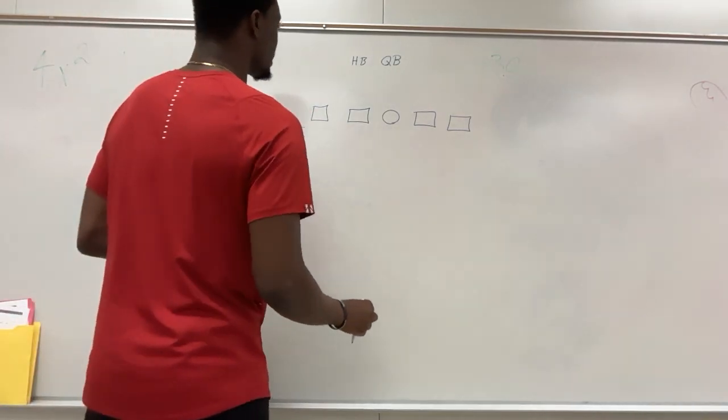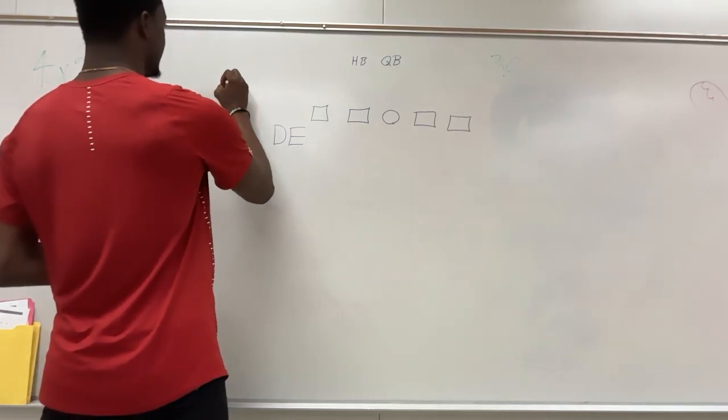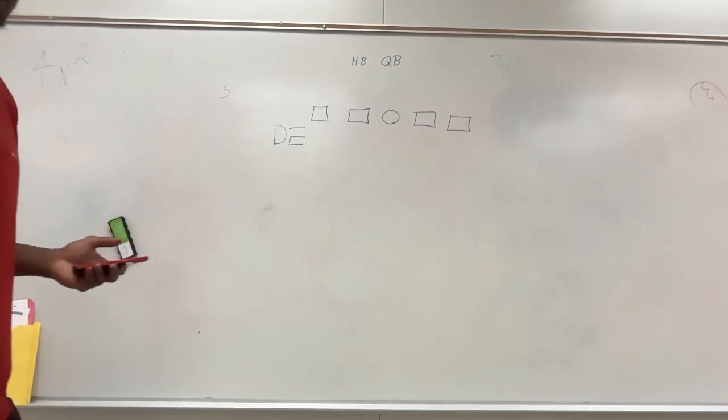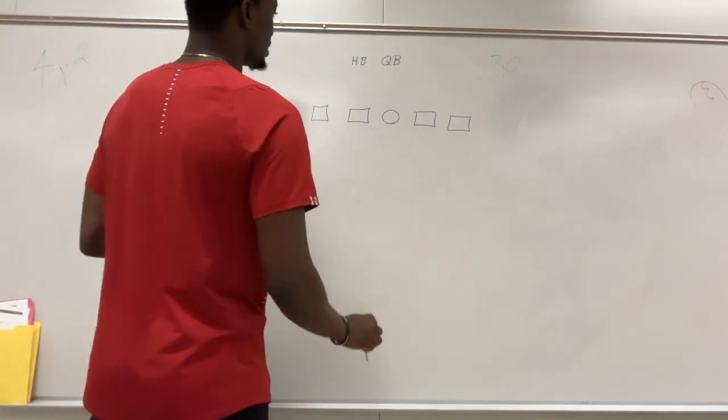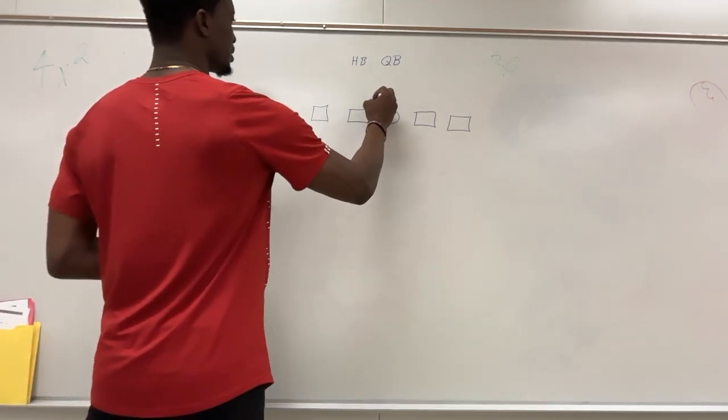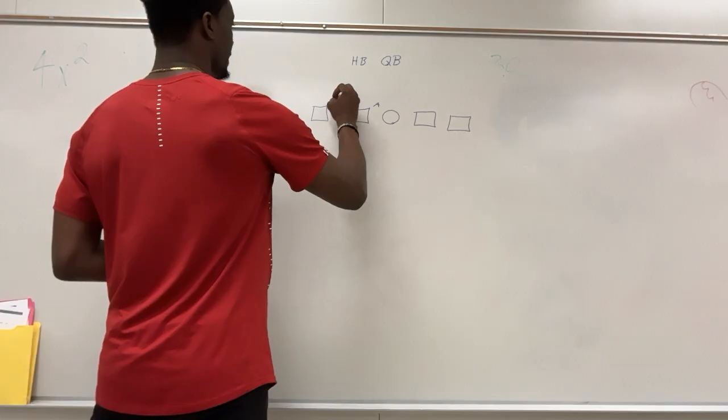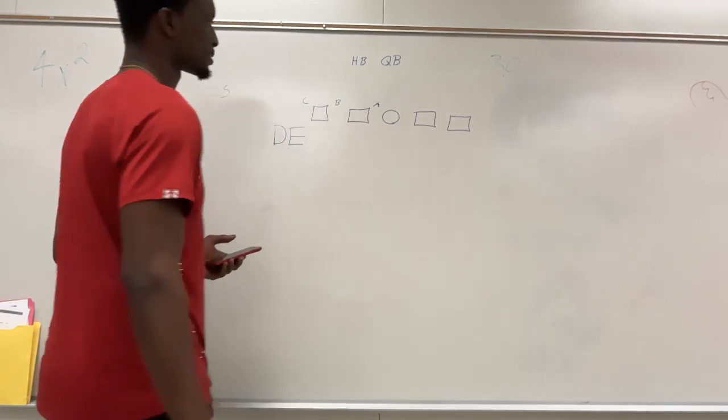Where we're focusing on, let's say they got a slot receiver over here, which should be a tight end. And we're responsible for the C gap.